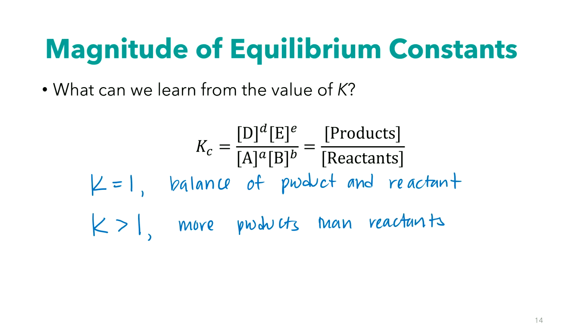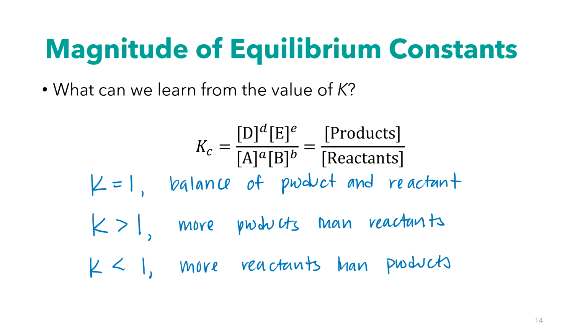If K were less than 1, that would mean I had more reactants than products, so that denominator would need to be bigger. If I found I had a really useful reaction, but the equilibrium was very small and really favored reactants, I'd need to figure out how to push it forward, how to make more products.